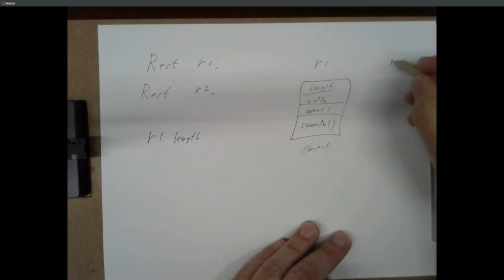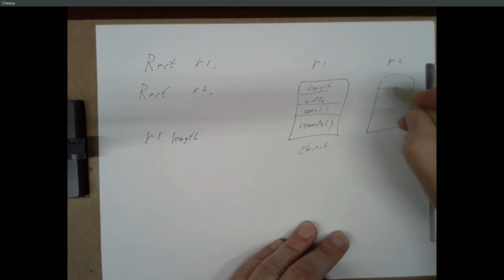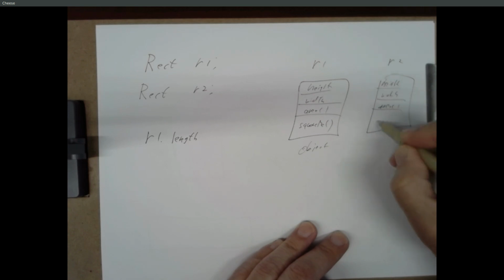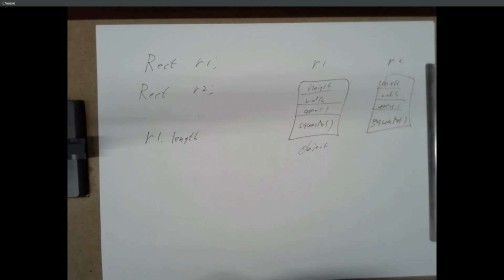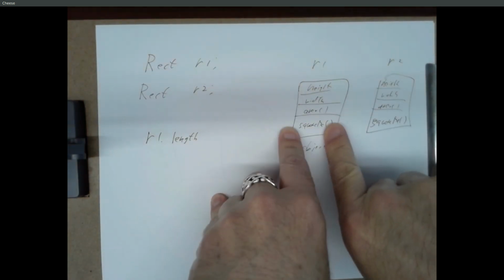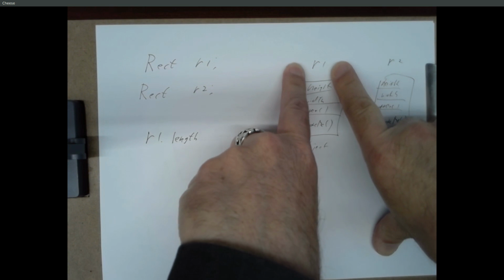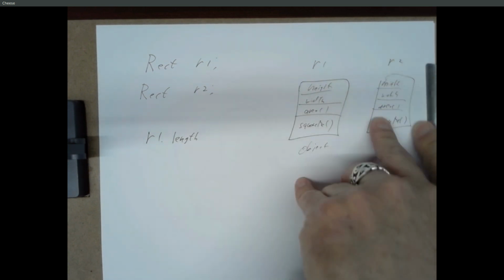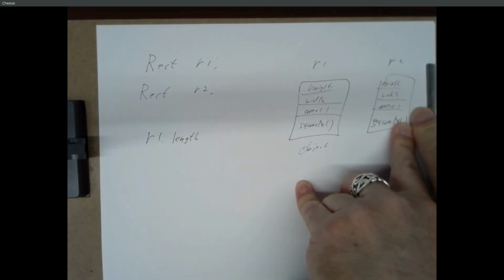And R2 is another object, and it's got its own height and width and area and square me. It doesn't actually have its own copy of the code, but effectively we can think of it that way. R1 has one of those associated with it. R2 has another one associated with it.